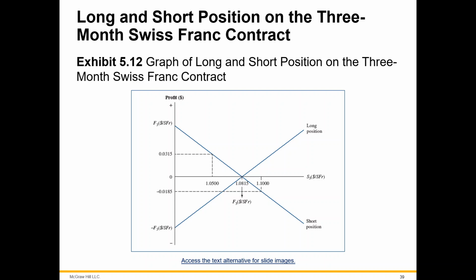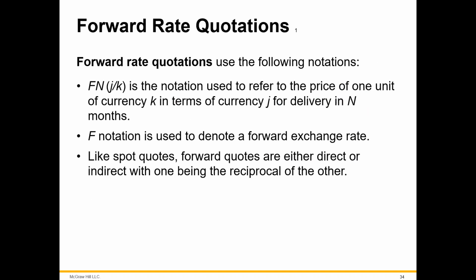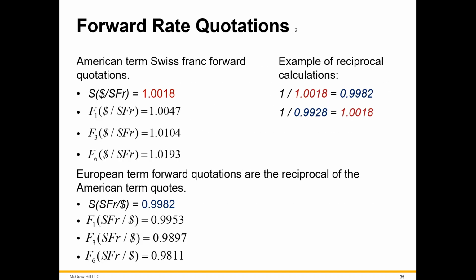And so if we go back here and look, there are some examples of some quotes. So here we have the dollar to franc exchange rate, right? And we can see that it's $1.018 per franc in the spot market, but that this is increasing as we go forward.